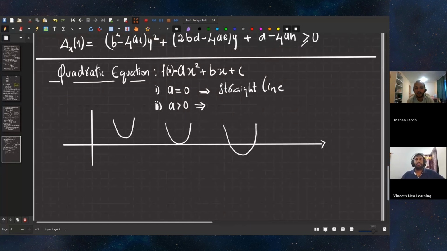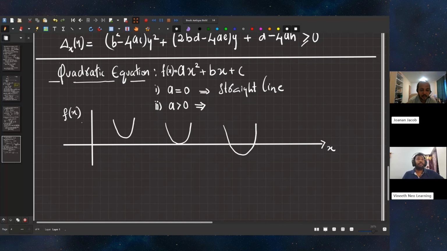This is x, this is f of x, meaning this polynomial. Can it also be completely below the x-axis? No, because the parabola extends up to infinity, meaning whatever point we can plug into our plotting device.